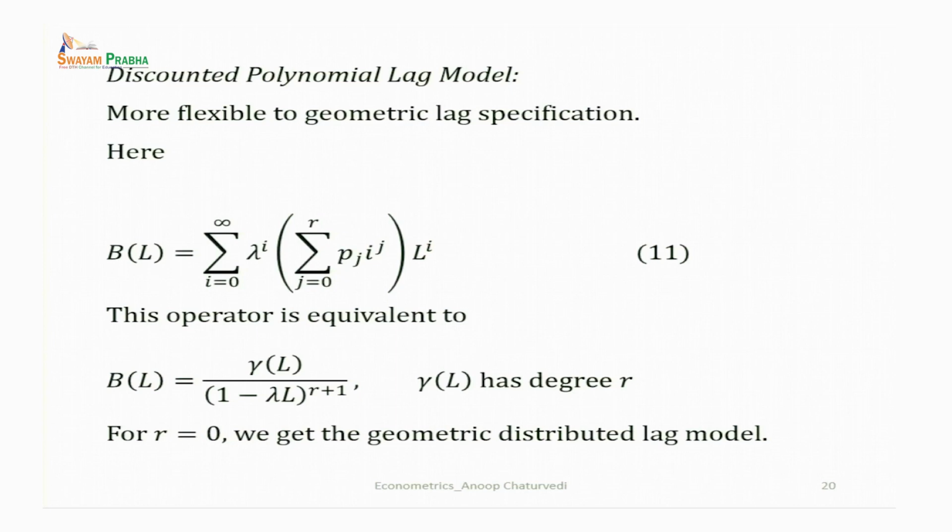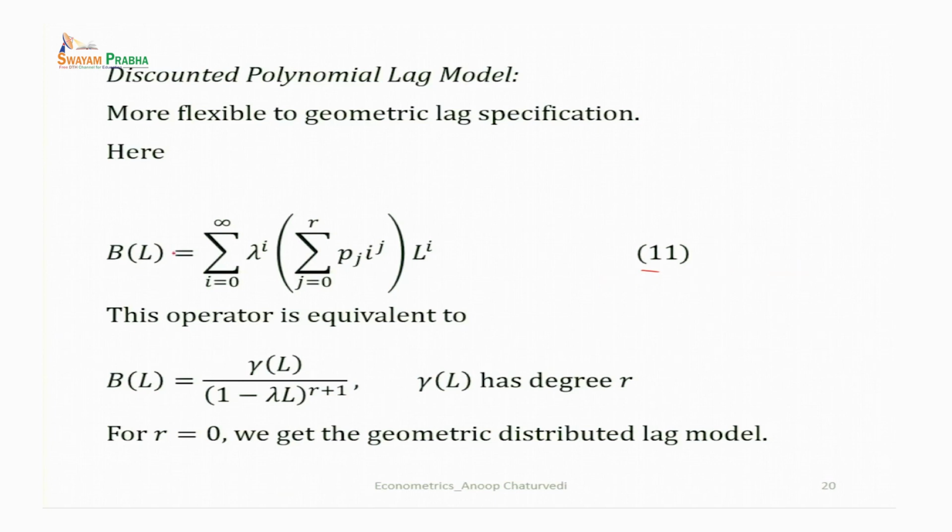So, obviously, if you take r equal to 0, then you have just one term here which is p naught, and if you take p naught equal to alpha into (1 minus lambda), then you get the geometric lag model.